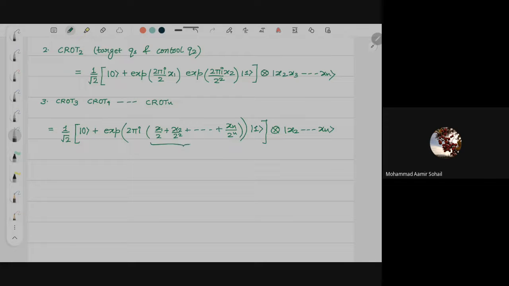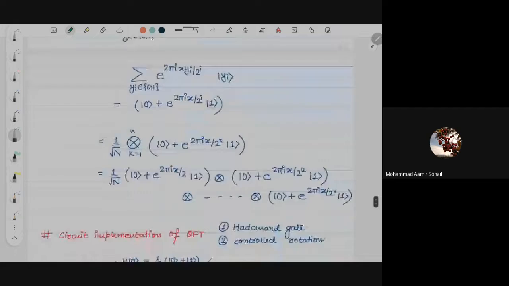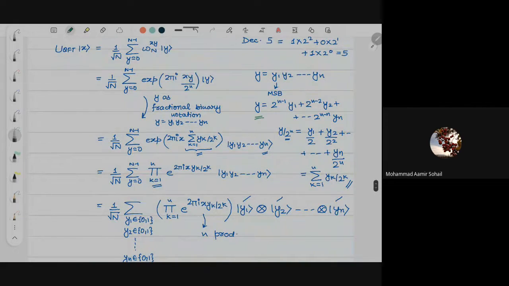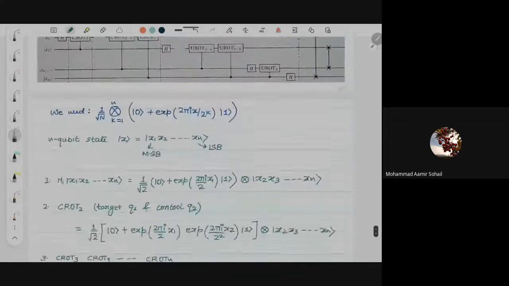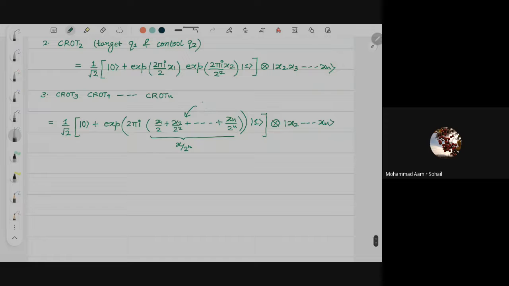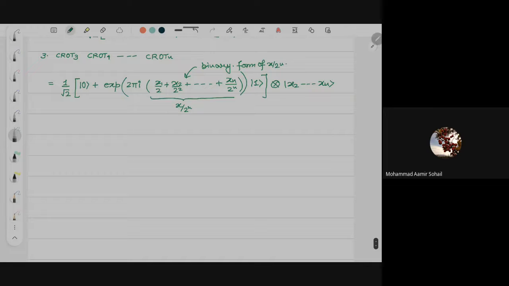We also saw earlier that this sum is nothing but x by 2 raised to n. Earlier we saw this for y, but similarly, just replacing the variable y with x, we get this binary form of x by 2 raised to n. That's why we can write this as x by 2 raised to n.